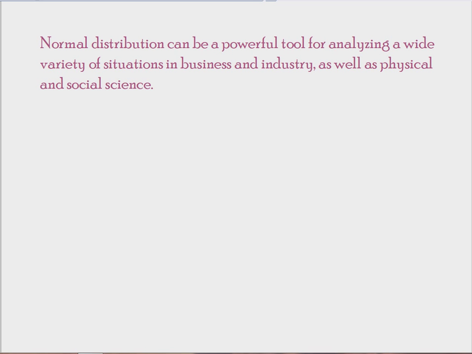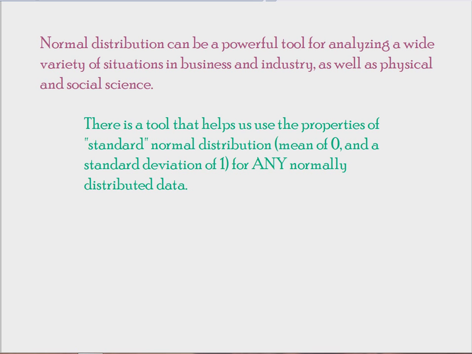Normal distribution is a powerful tool for analyzing data for businesses and industry. Governments use it, physical and social sciences use it. There are a lot of places where normal distribution is used, so we're going to continue today by learning a tool that's going to help us use properties of a standard normal distribution for any normally distributed data.